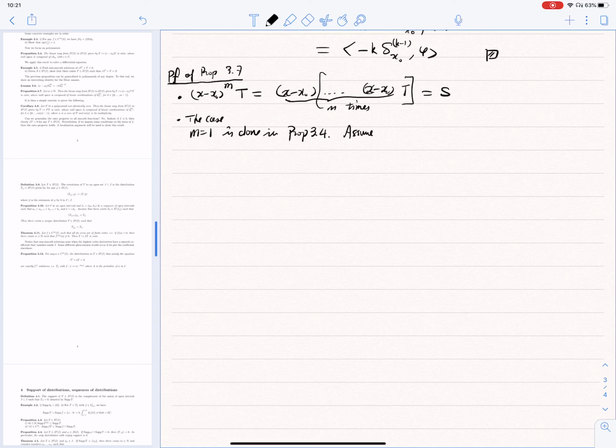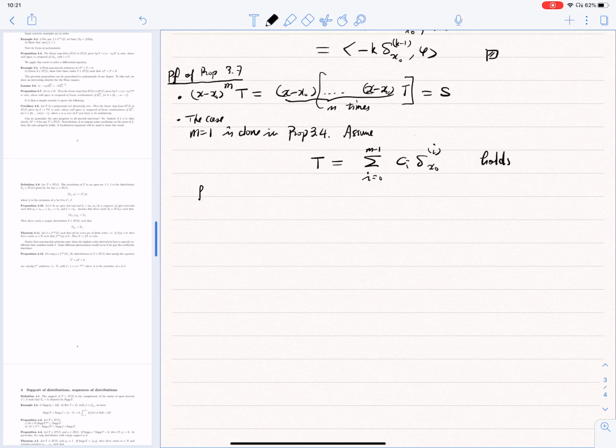Assume by induction that for generic m the formula holds. What I'm saying is that T equals the linear combination of c_i times the Dirac mass at x naught, differentiated i times, for i from 1 to m minus 1.